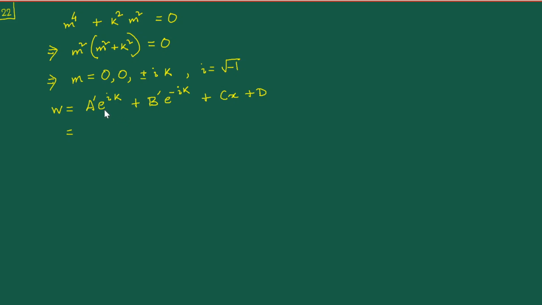So what I'm going to do is this e to the power ikx, that I'm going to write as cos kx plus i sine kx, and this as cos kx minus i sine kx, and then I'm going to combine those cos terms and the sine terms, and ultimately what I'm going to obtain is something like this. Please note that I have missed the x here, that should be written. So this is a cos kx plus b sine kx plus cx plus d. So that's my solution for w.